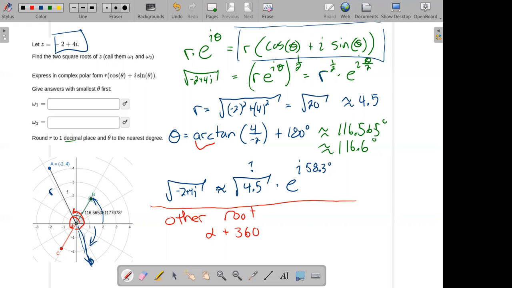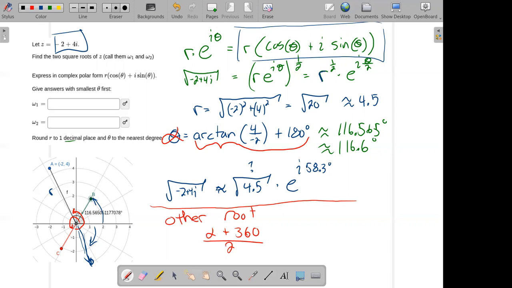And so this essentially right here is my alpha plus 360 and then divide by 2. So I guess I should have labeled that alpha. On my picture, it's alpha. And that right there is my other angle, and I just swap that in there.